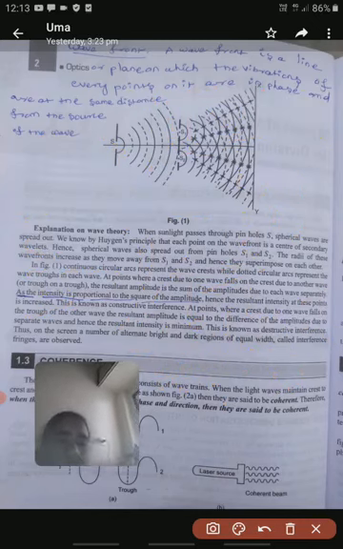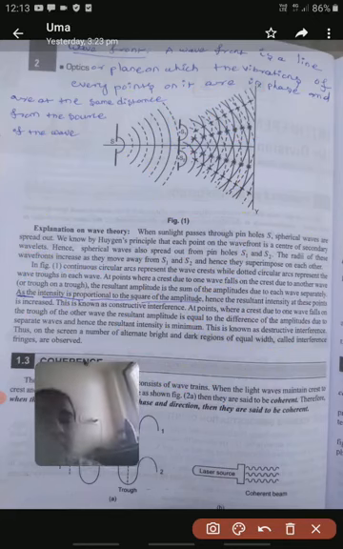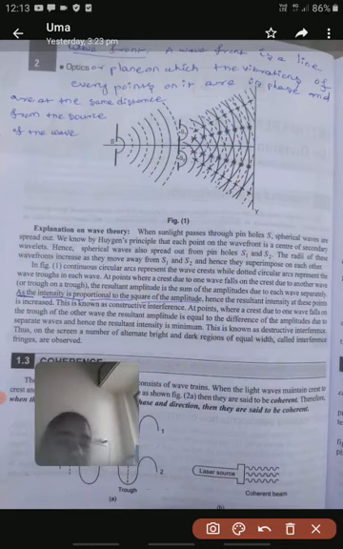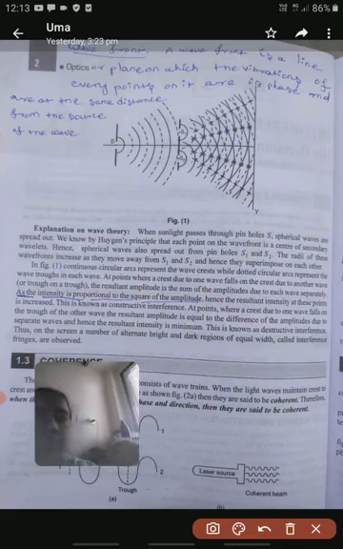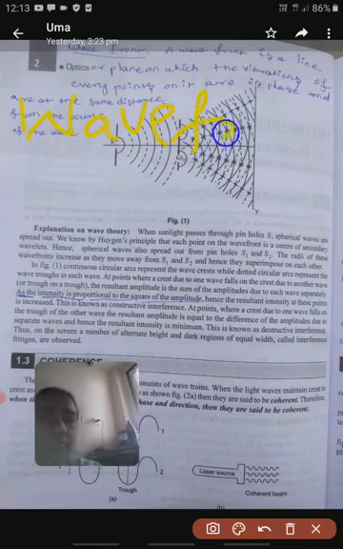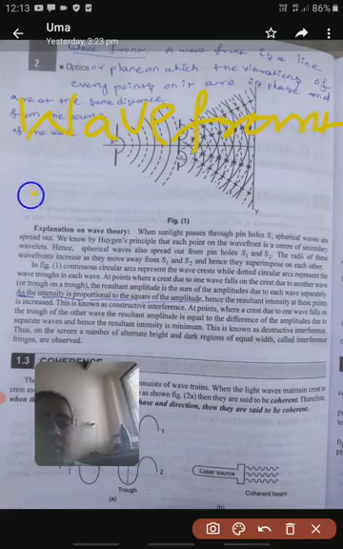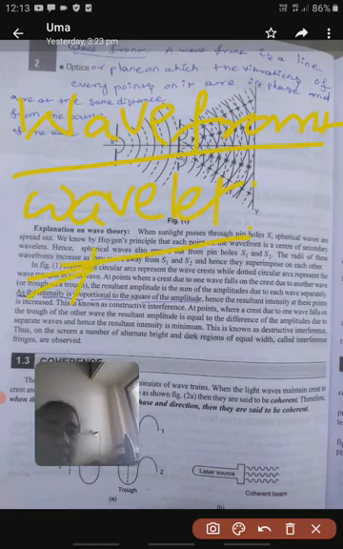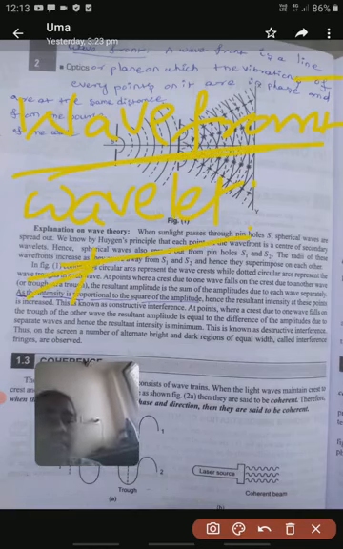Here we can conclude what we learned from this topic. We learned about the wavefront and the wavelet. A wavefront we can show with a line or a plane, and the vibrations of every point are in phase.